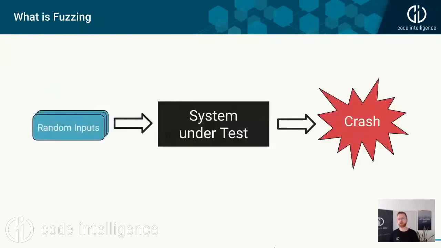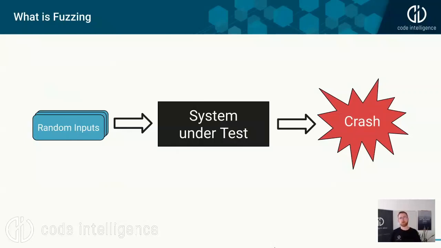And it does so in a really simple way. On the most fundamental level, the fuzzer generates input and uses that input to invoke a system under test. Then it tries to observe unwanted behavior from that system, and in the easiest case, that's a crash.